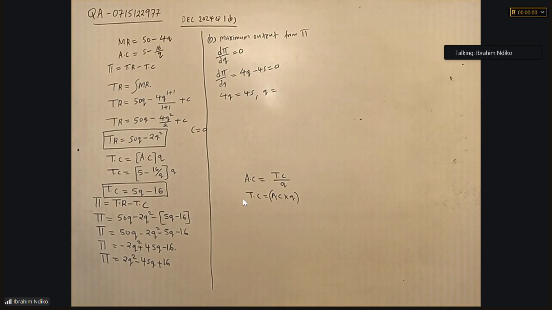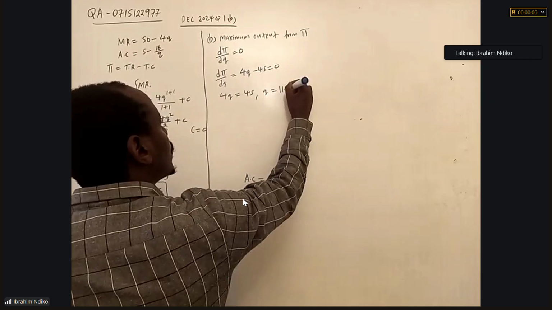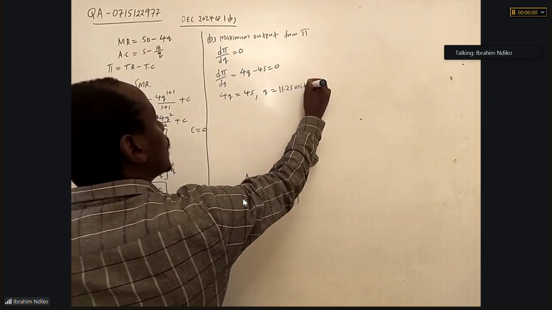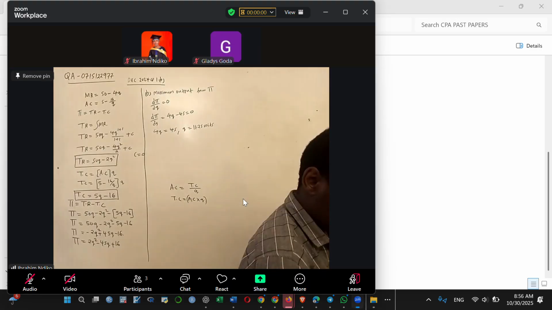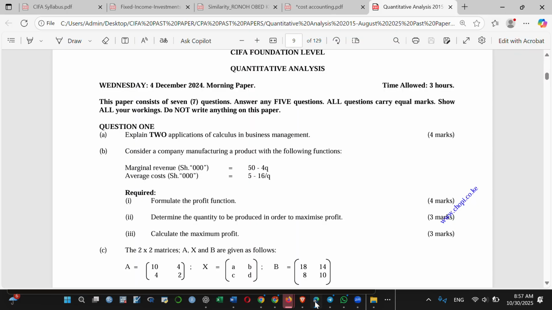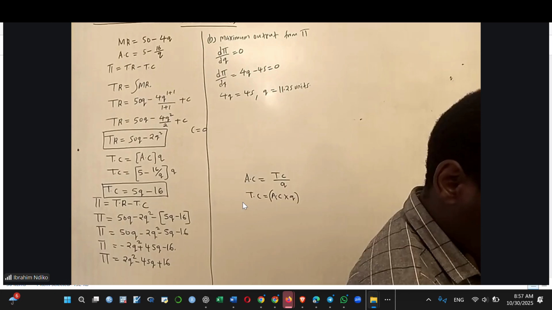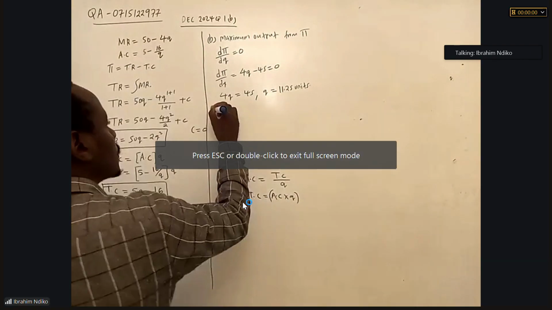divided by 4, which is 11.25. And then we are supposed to calculate the maximum profit. Maximum profit, number 3.